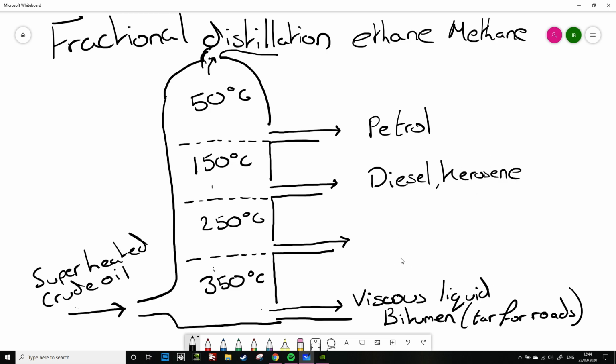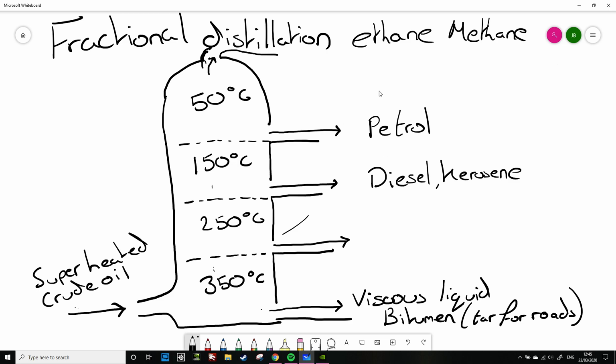There's lots of different ones. You can find them on BBC Bitesize, you can find them on a long list, but you don't need to know it in detail, you just need to know the process. So it all comes in as a gas, and if it turns into a liquid, it'll come running off down here. If it stays as a gas, it'll go up, liquid, gas up, liquid, and so on. And that is the process for fractional distillation.